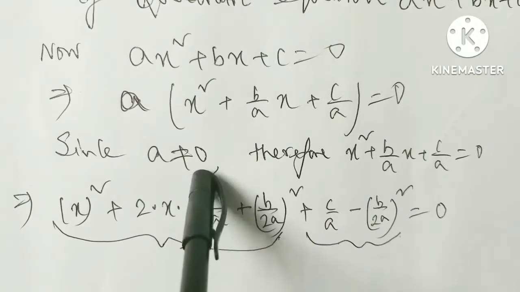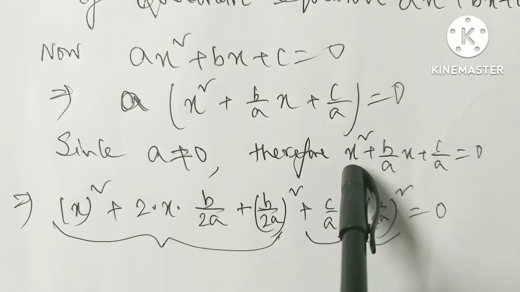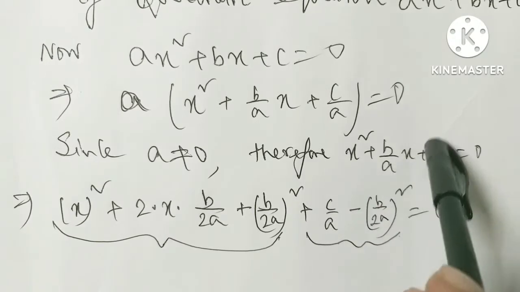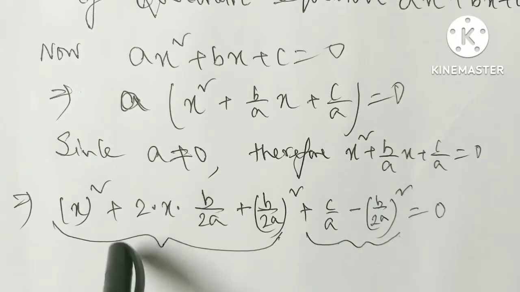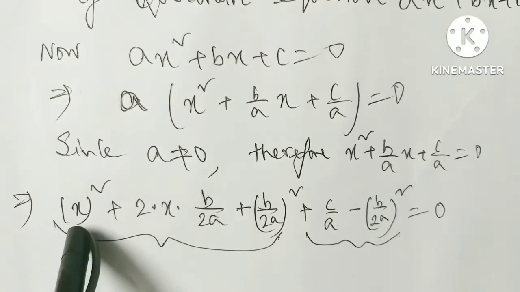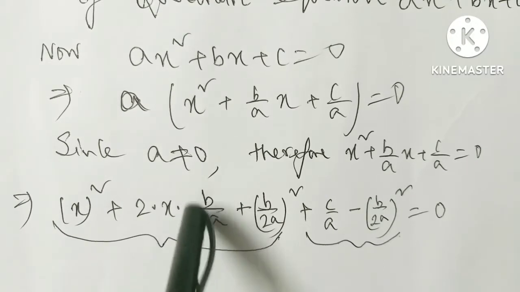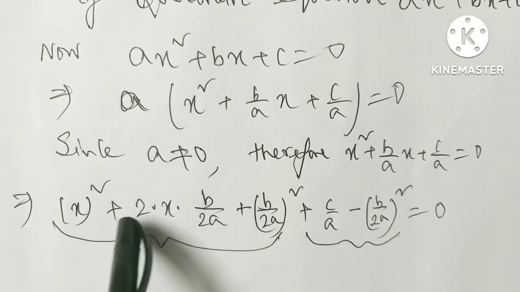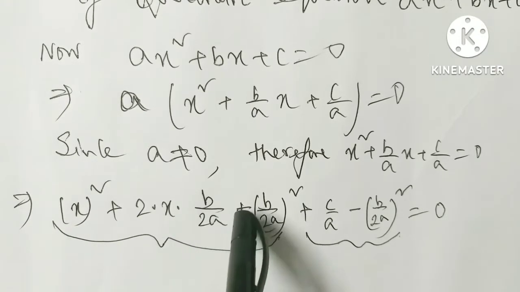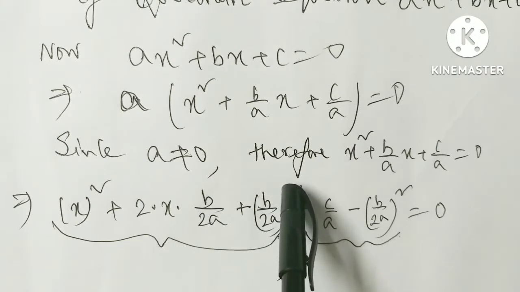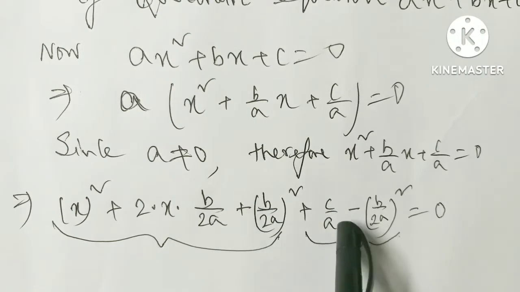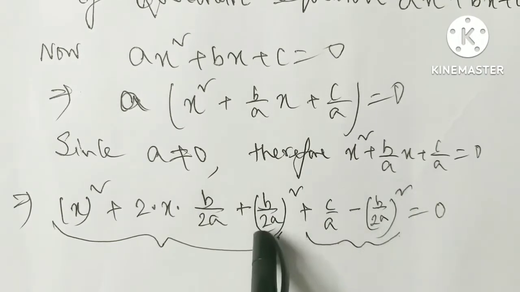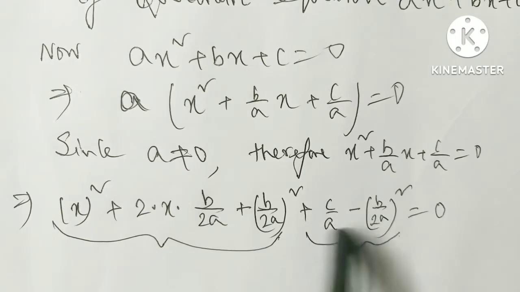Since a is not equal to 0, we make it a square form: x² + 2x·(b/2a) + (b/2a)² + c/a − (b/2a)². This is an extra term and this will be cancelled.